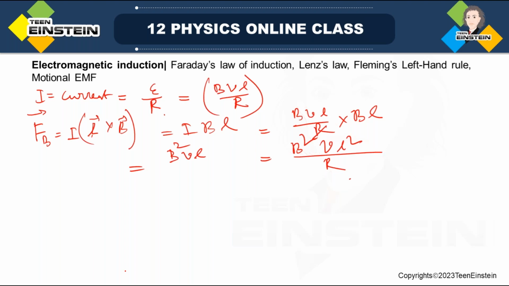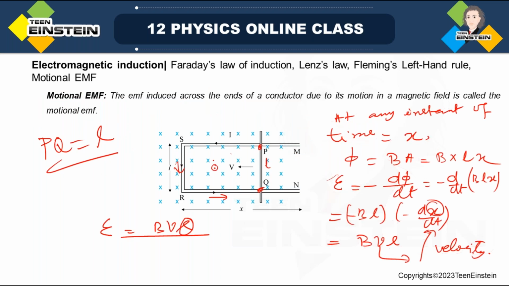You know this force will be in which direction? This force will be along this direction itself. So what will happen? This force will move the conductor so fast that it will just go and fall on that. But that we don't want, right?